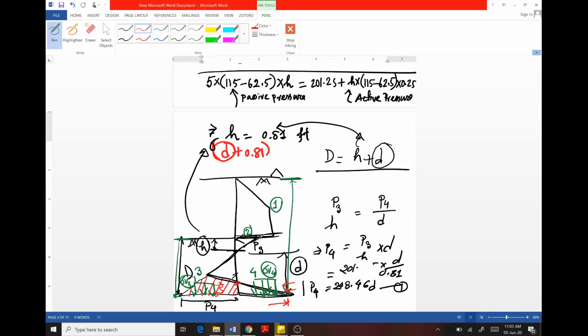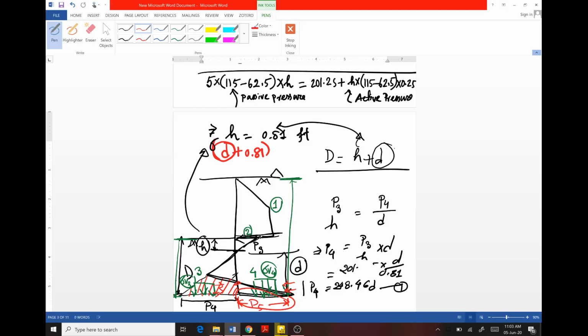So to determine the value of P5, we can substitute the value of this passive zone minus this active zone.